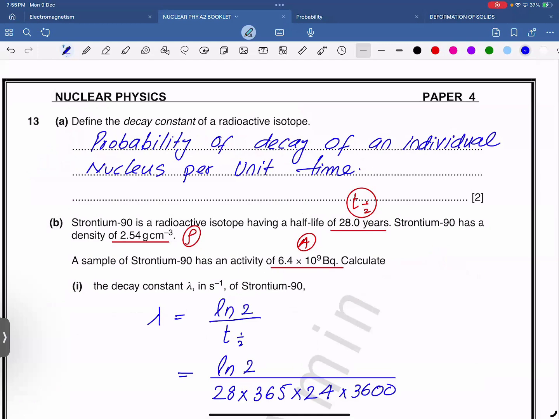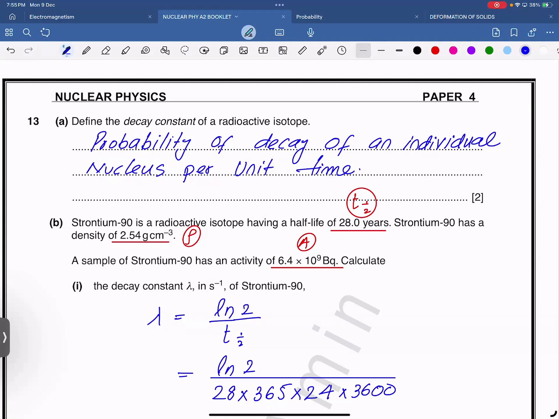This small volume, how much radiation is emitted per second? Becquerel means radiations per second, the activity. How much? 6.4 times 10 power 9. That is 6 billion radiations per second emitted by this volume.